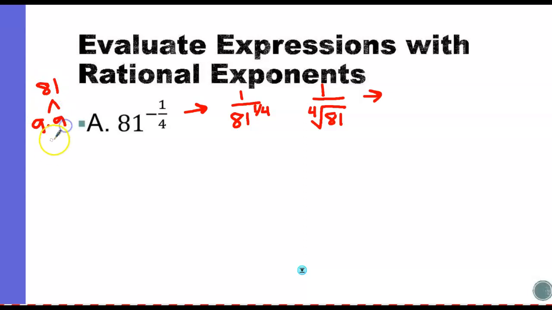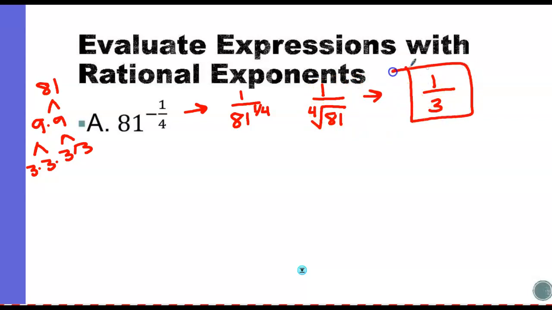I start with 9 and 9 to get 3 times 3 times 3 times 3. So that would be 3 written out 4 times. So the 4th root of 81 is 3. So my final answer is 1 over 3. Because 1 was already on the numerator, and the 4th root of 81 is 3.